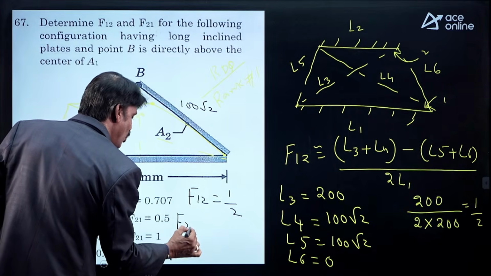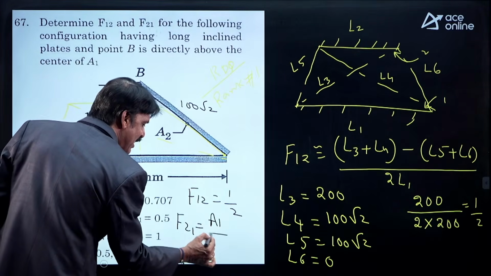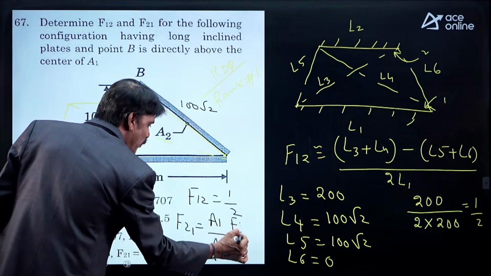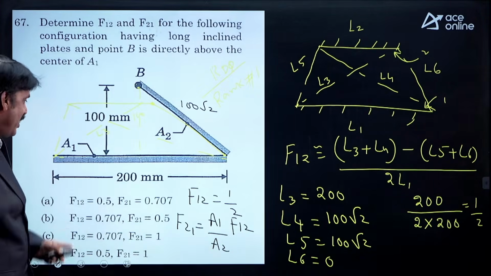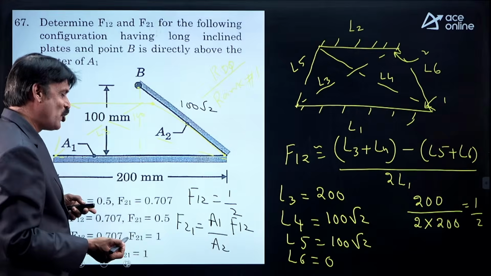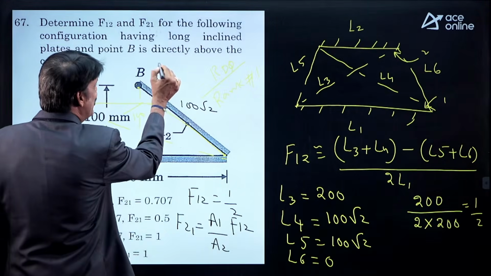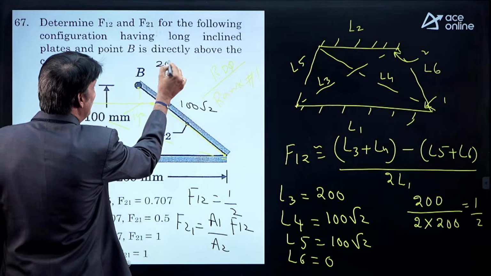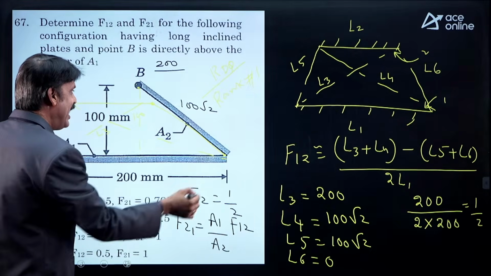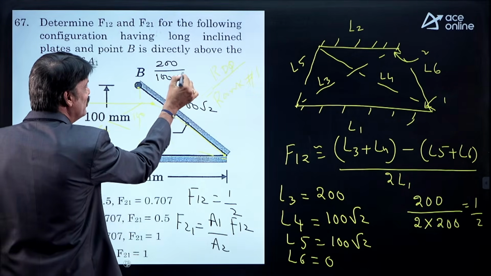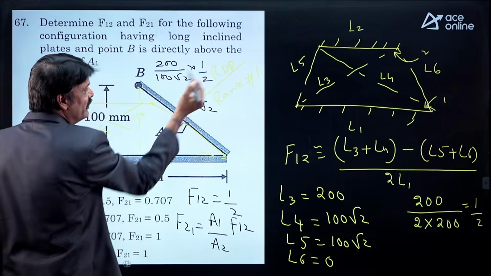So, F2 on 1, by the reciprocity theorem, is A1 by A2 into F1 on 2. Assuming widths to be the same, A1 is 200 divided by A2, which is 100 root 2, into half.